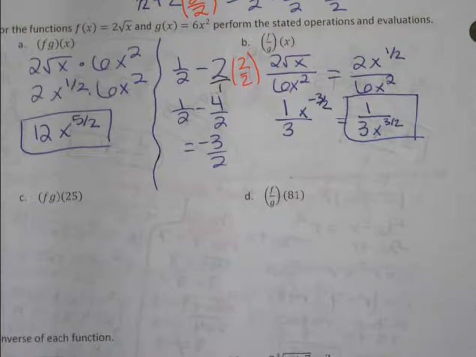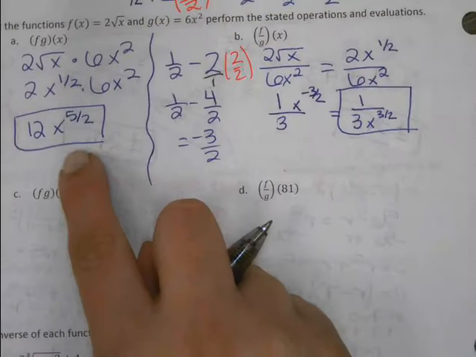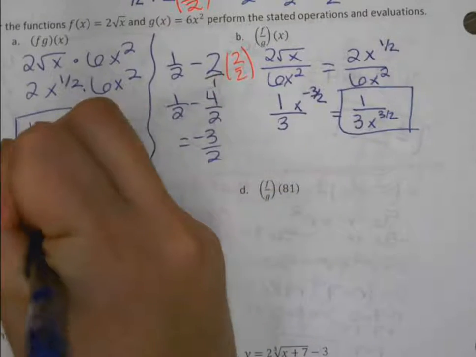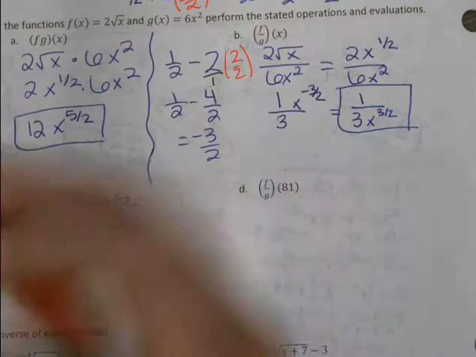Okay, so for C, I just want to plug in 25 into the f of g equation, or f times g equation. So I have 12, and then in parentheses I'm going to plug in 25.